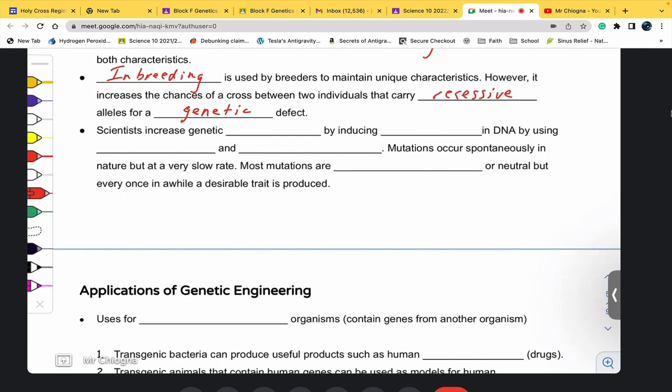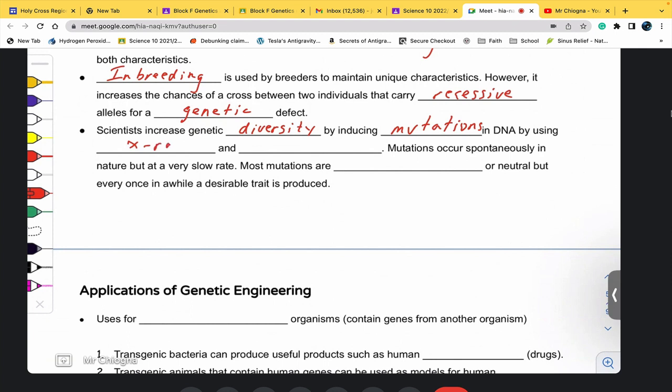Scientists increase genetic diversity. You can force genetic diversity. You can force it to happen by inducing mutations in the DNA by using X-rays.